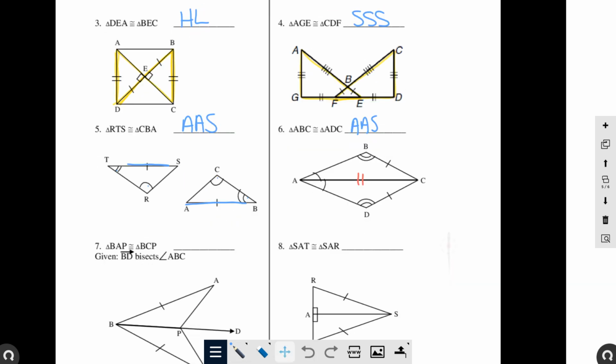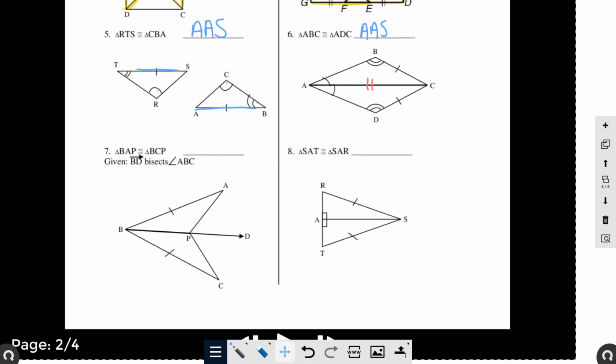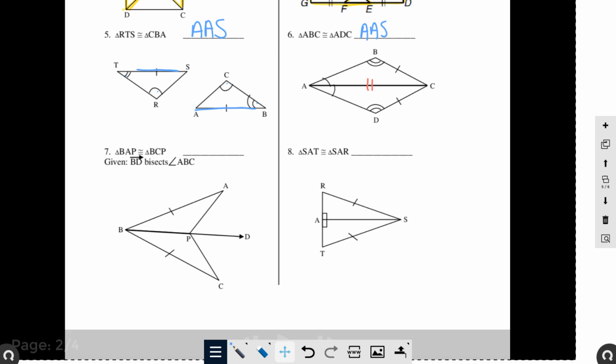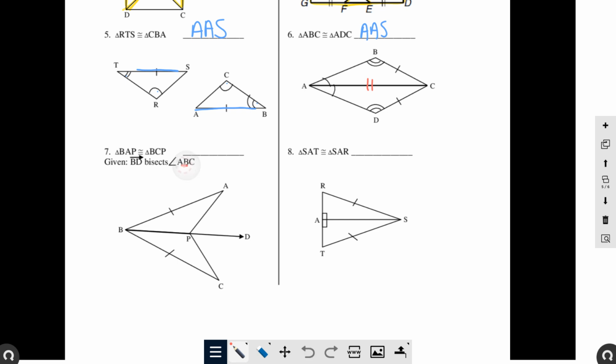So, all right, question 7. Question 7 actually gives you some additional information. If you see that additional information, then you can mark it in your picture. So this one is saying that BD bisects angle ABC. What does it mean to bisect something? Cut it in half. So angle ABC, or really angle B, is cut in half because of that bisector. So you can mark that those two things are equal.